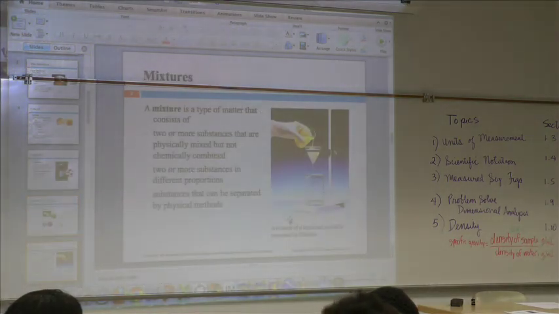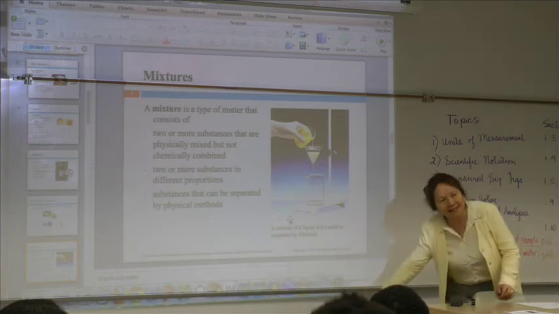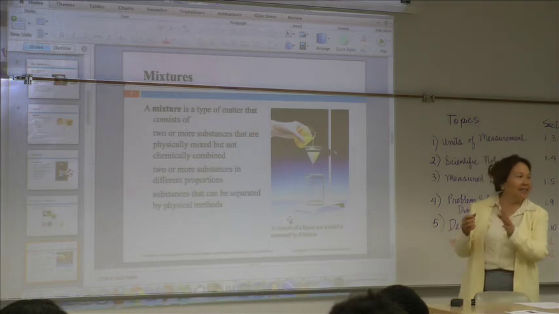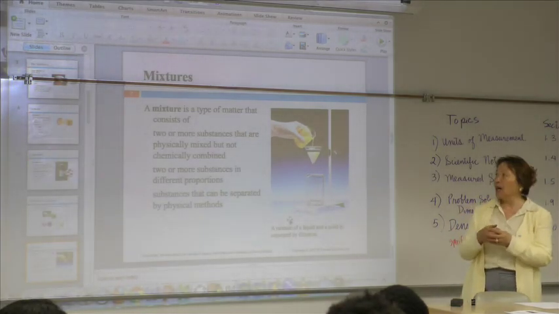So then we have mixtures. A mixture can be physically separated, right? What I'm thinking of, say, if you go to the beach and scoop out some seawater, but then there's still sand in it, right? How will you separate the sand from the seawater?